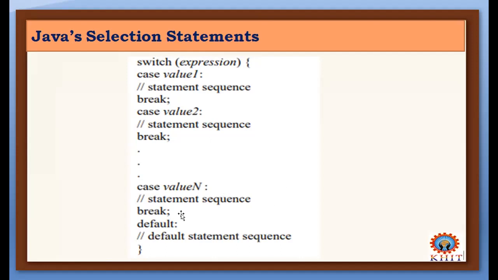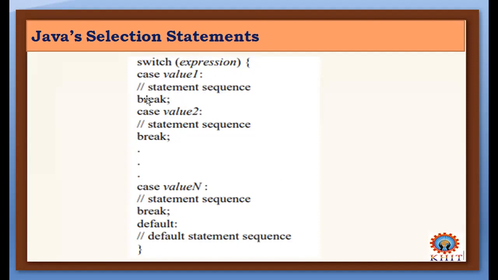Okay. And one thing you need to remember is you need to write a keyword switch, followed by an expression, then open parenthesis, then we need to write a keyword case, then here we need to give a value 1, 2, or 3 like that. After every case statement, you need to write a break statement, break is compulsory. Okay, because when your expression is matched with this value, only this statement has to be executed.